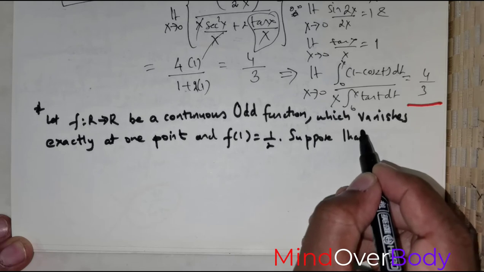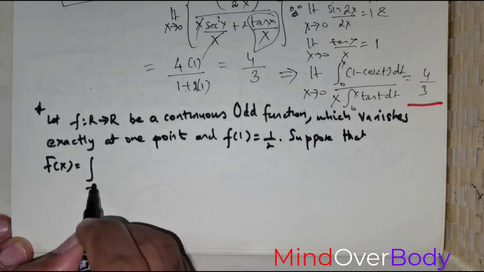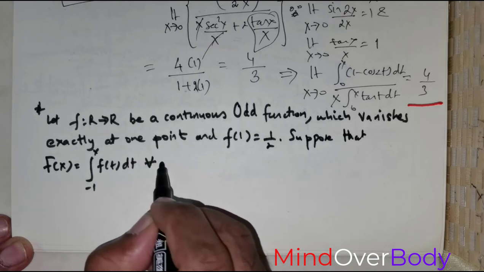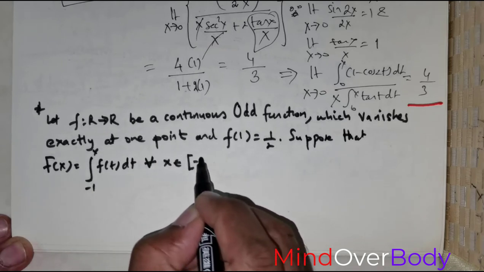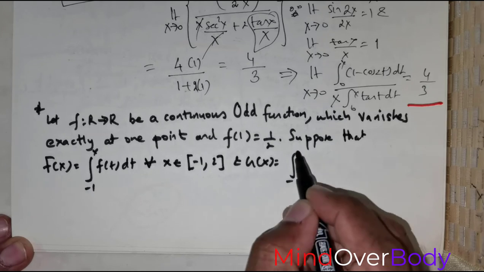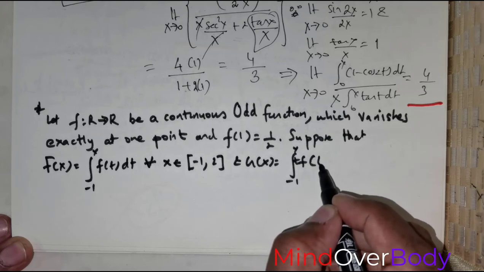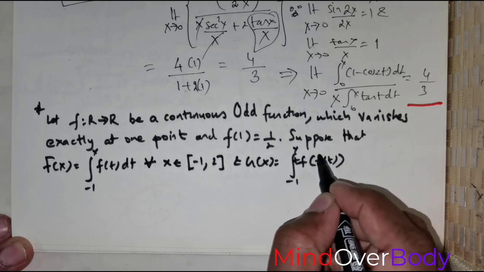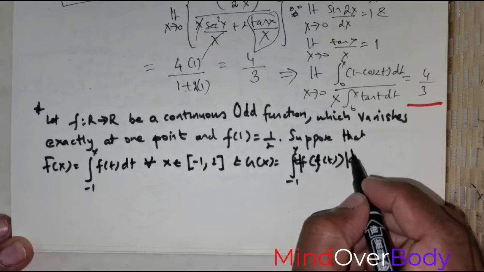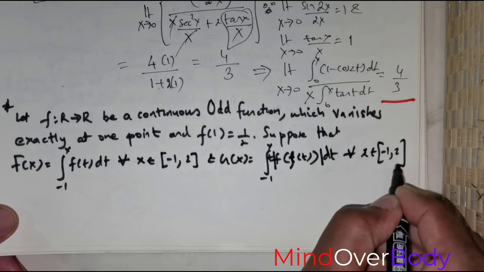Suppose that capital F of x is equal to integral negative 1 to x f of t dt for every x contained in negative 1 comma 2, and g of x is equal to integral negative 1 to x of t times the modulus of f of t times dt, for every x element of negative 1 comma 2.